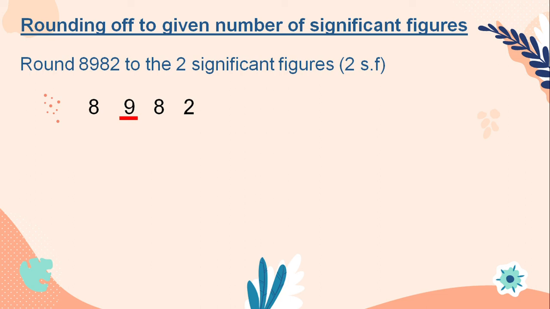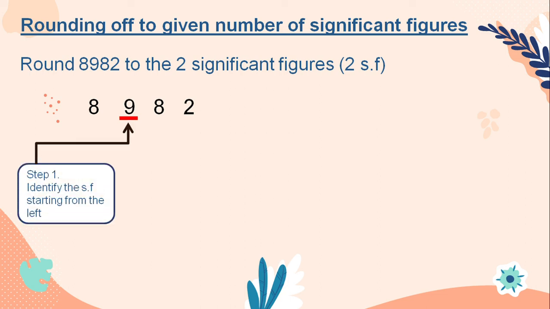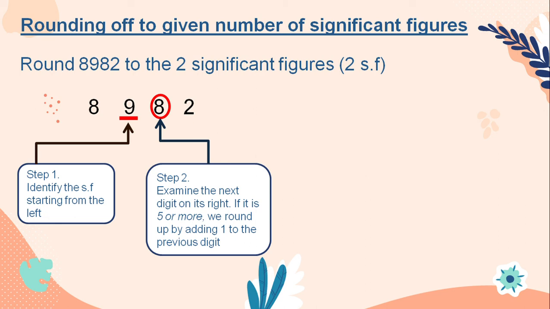First step is to identify the significant figures starting from the left. Then the next step is to examine the next digit on its right. If it is 5 or more, we round up by adding 1 to the previous digit. Because it is 8, you need to round up by adding 1 to the previous digit.